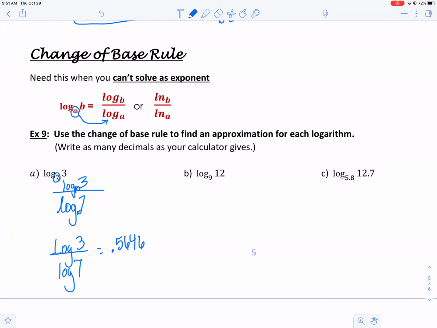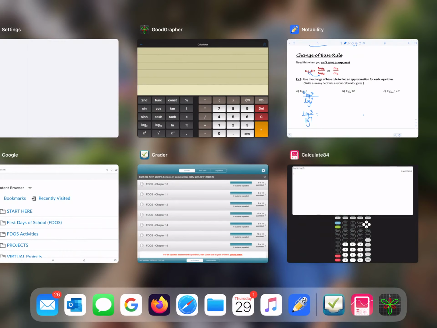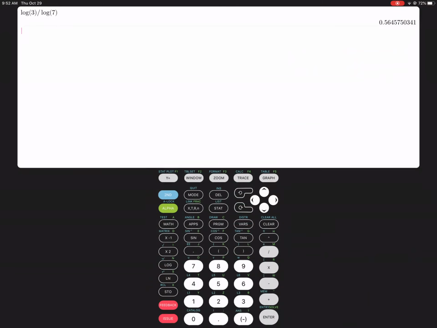The reason we do that is because when you're using logs in the real world, you want to go out as far as you can. That's a lot to remember. Let me see if I can remember it this way.